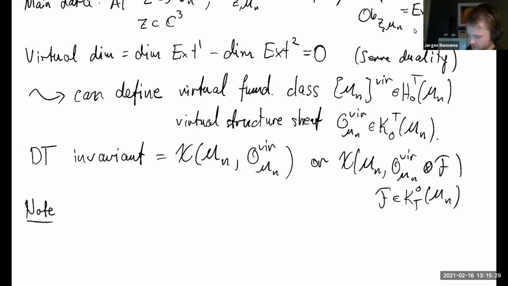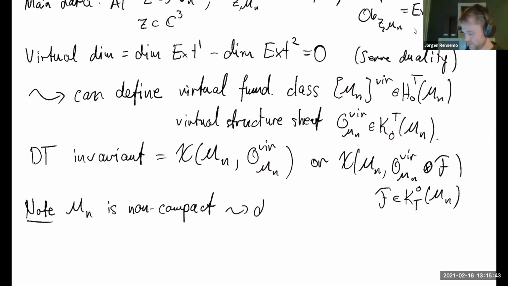So what we have to do is define this chi operation via T localization.